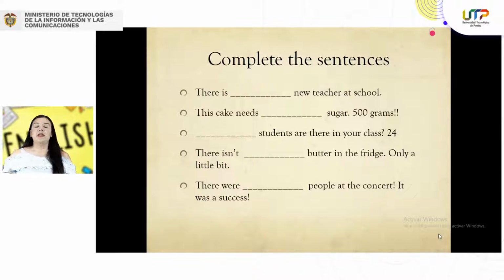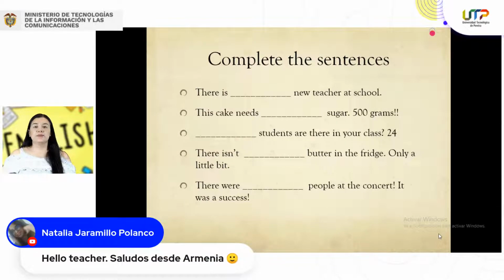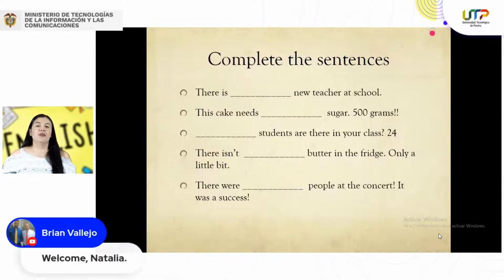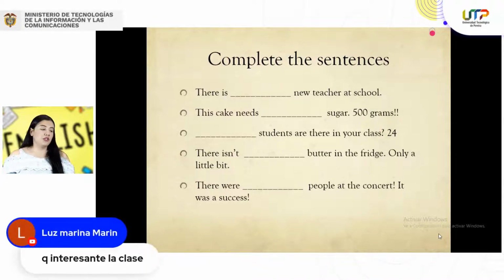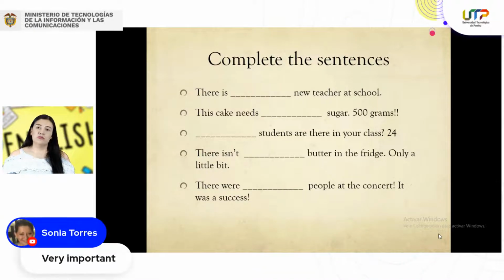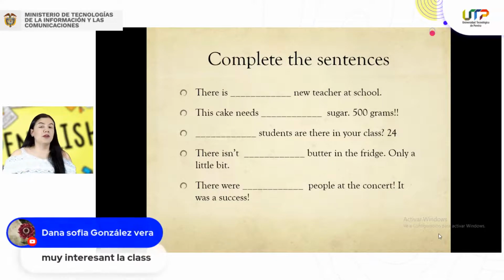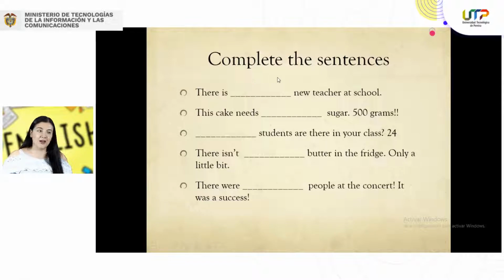Entonces, el primer ejemplo dice lo siguiente. There is, tenemos un blank, un espacio allí para completar, y después tenemos new teacher at school. Lo primero que vamos a analizar es qué hay después del espacio en blanco. Miren que tenemos a teacher, new teacher.